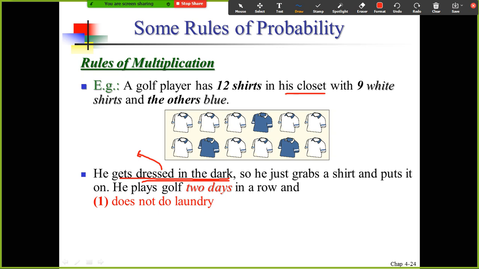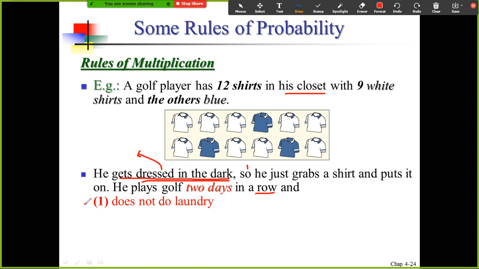He cannot recognize which one is white, which one is blue. So he just grabs a shirt and puts it on, and he plays golf 2 days in a row. The first day and the second day in a row.